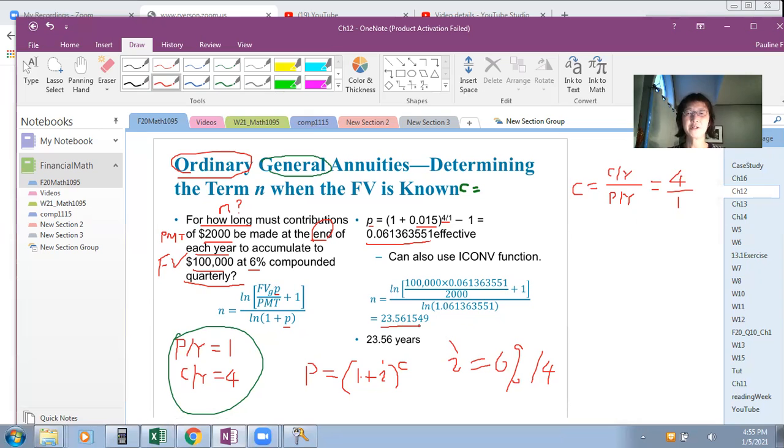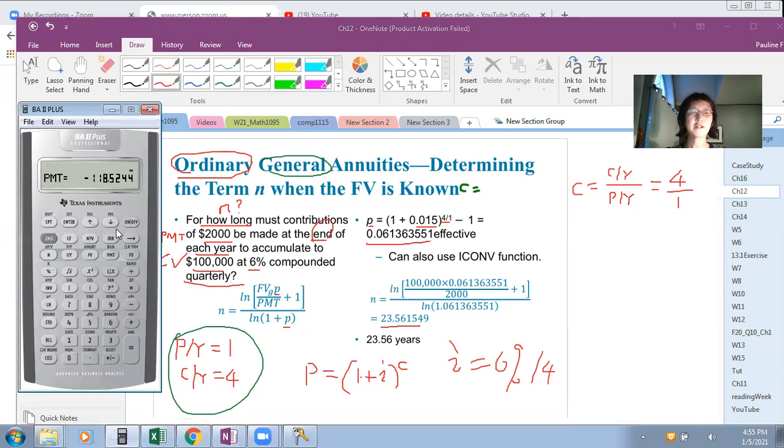And how do I do it using financial calculator? To use financial calculator, use first, second equate to clear any previous entries. And then make sure there is nothing on top right corner here. Means that is the end, END.